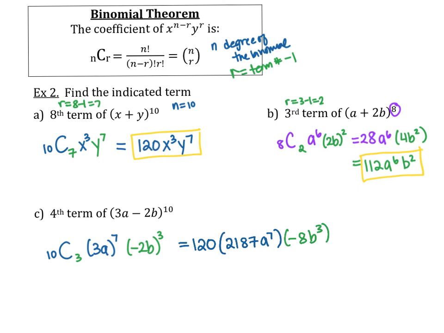Let me multiply all those coefficients together and carefully write it down. That's 5,2,0 a to the 7th, b to the 3rd, and that would be the fourth term in the expansion, although the expansion would be much longer.